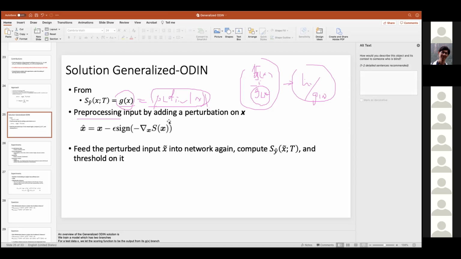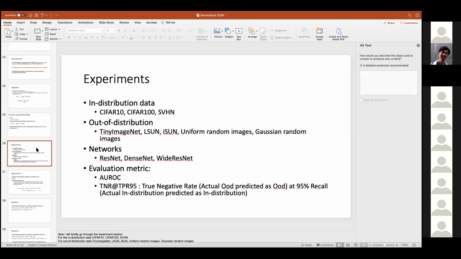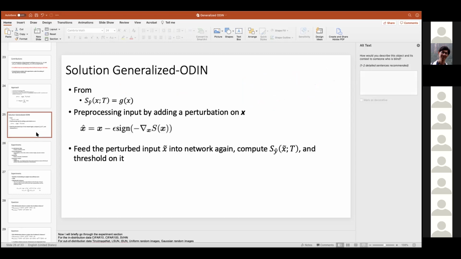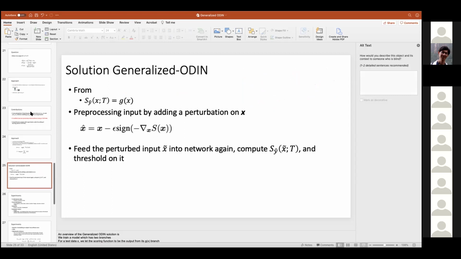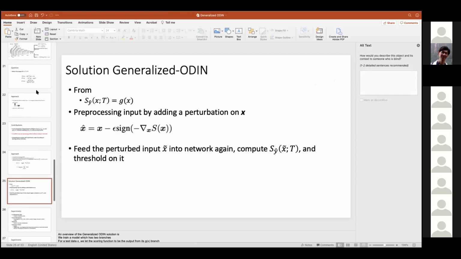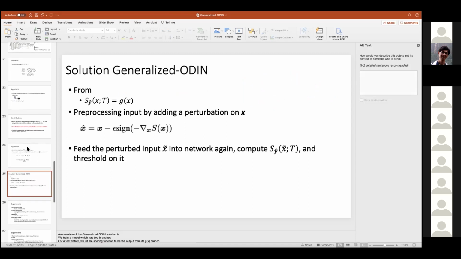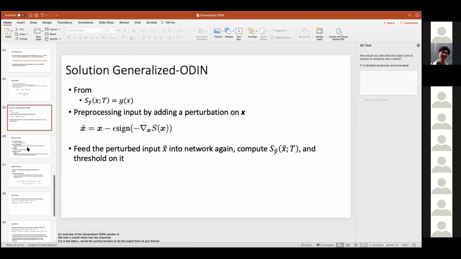May I ask a question here? How can we learn HX and GX? Do they learn them simultaneously or separately? Simultaneously, supposedly. Maybe you can go back, Ruofan.